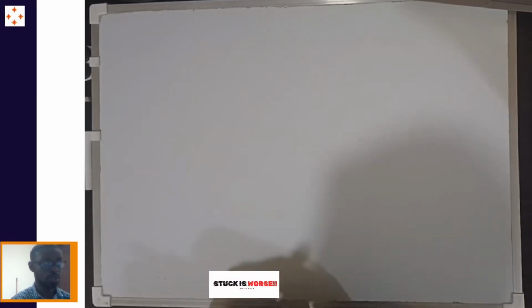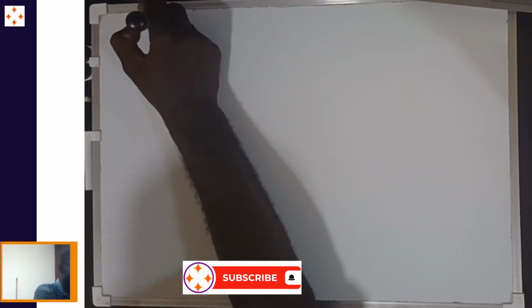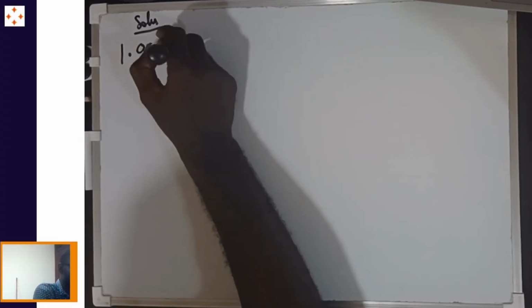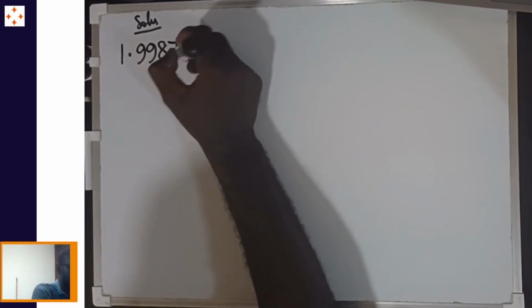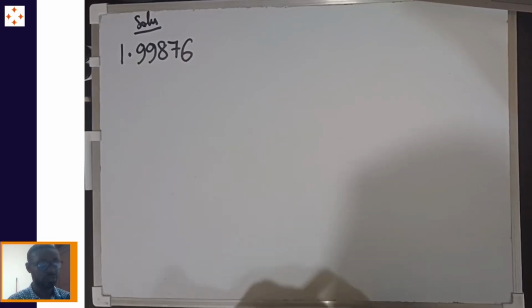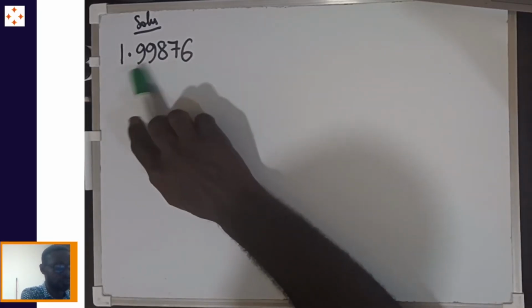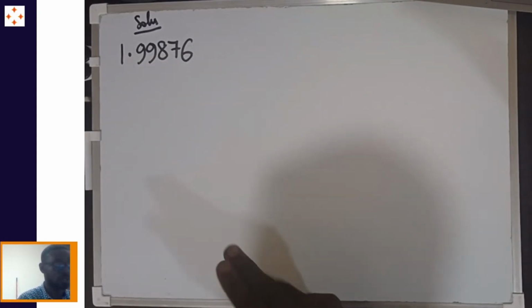Alright, so the question states that we should express 1.99876 to three significant figures. And as you can see, we have 6 digits here. We have to express the number to three significant figures.